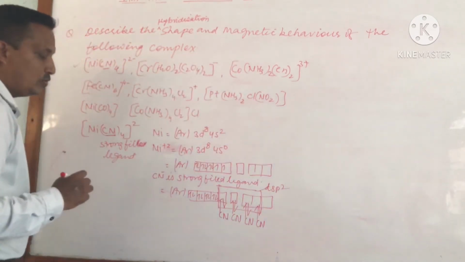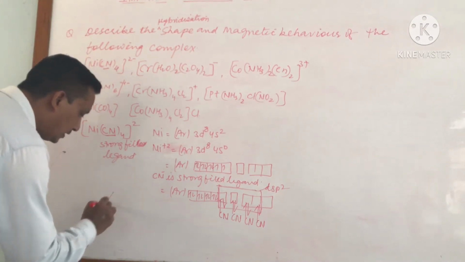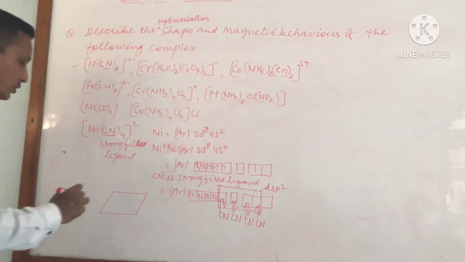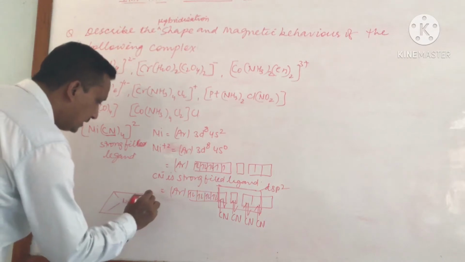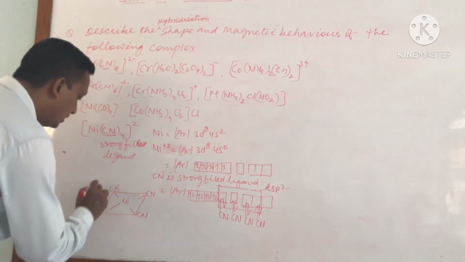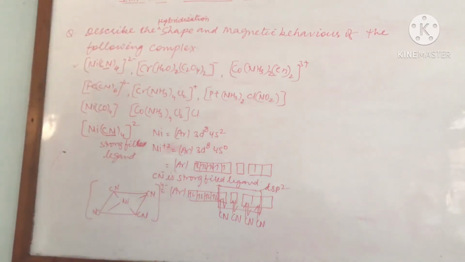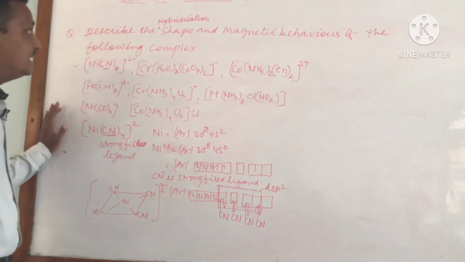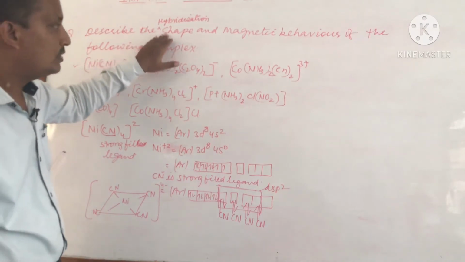In the dsp2 hybridization state, the shape of the molecule is square planar like this. Nickel is at the center, with the CN ligands around it. So like this we can find the hybridization state and shape of the molecules.